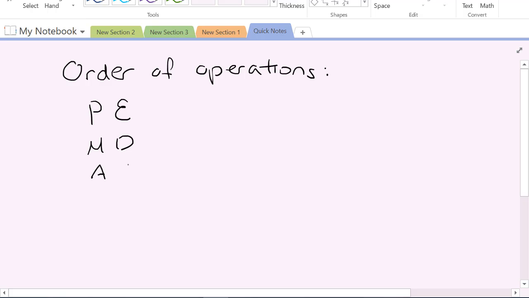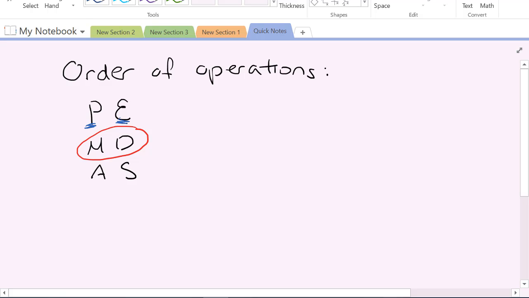PEMDAS. And I write it this way because you have to remember that when multiplication and division are next to each other, you do whichever one comes first. P stands for parentheses.